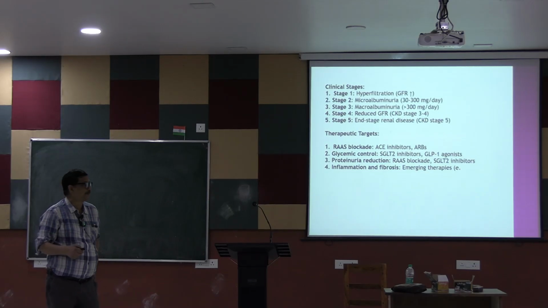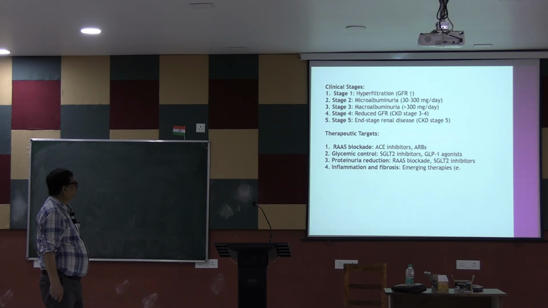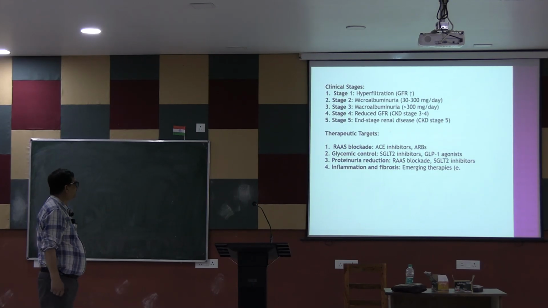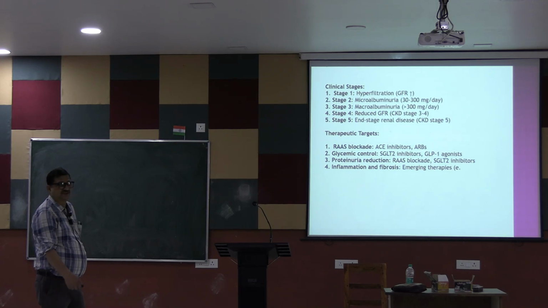Next is microalbuminuria, 30 to 300 milligrams per day. Stage 3 is macroalbuminuria, more than 300. Stage 4 is reduced GFR, CKD stage 3 and 4, and stage 5 is end stage renal disease, that is CKD stage 5.